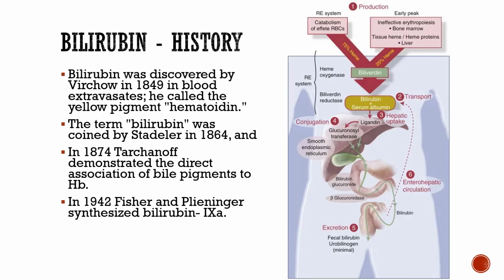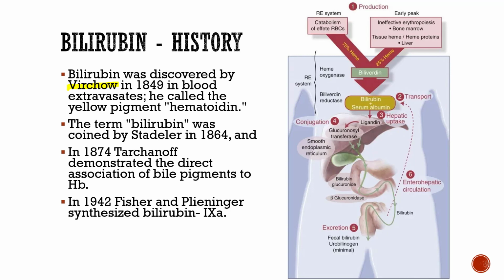Now we will look at the yellow pigment metabolism, that is the bile pigment metabolism or the bilirubin metabolism. This is a very important topic. Bilirubin has a great history. Bilirubin was discovered in 1849 in blood extravasates, and the yellow pigment was called hematoidin.